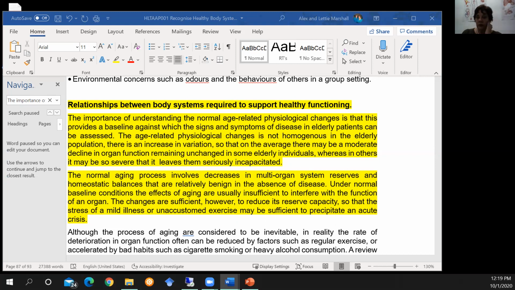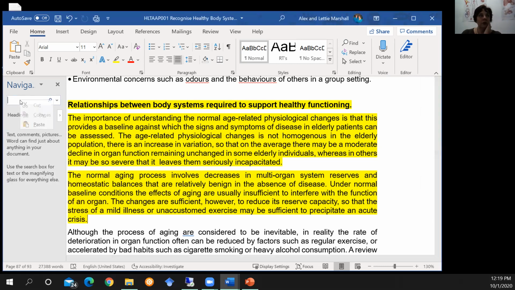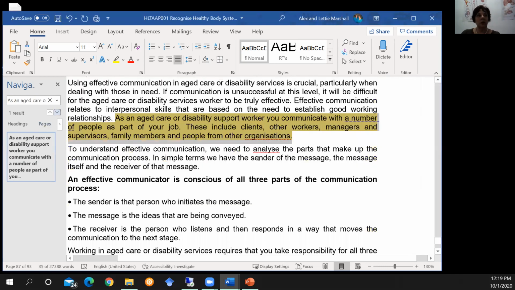Question 21. Who would you communicate with in the health environment? And why is communication important? We will be communicating with our clients and with their family members.